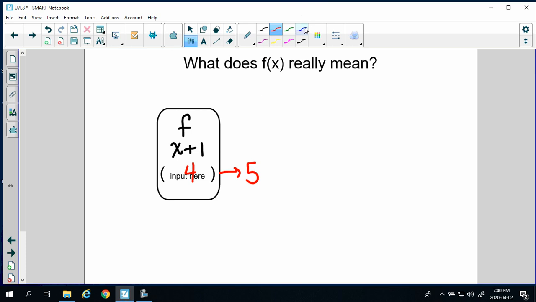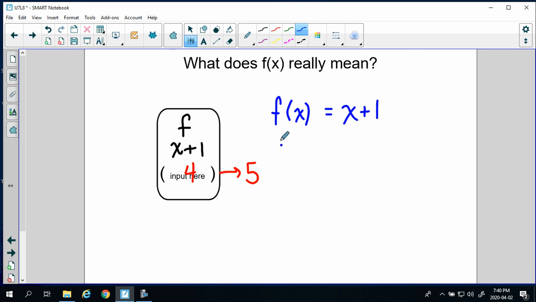Now, the way that we would write this is we would say that f of x, the input, is equal to x plus 1. That's a formula on what this machine actually does to your dollar.